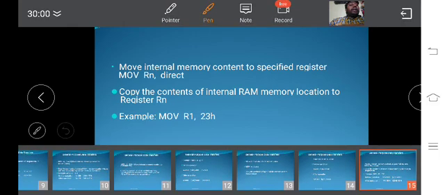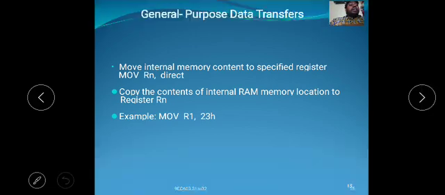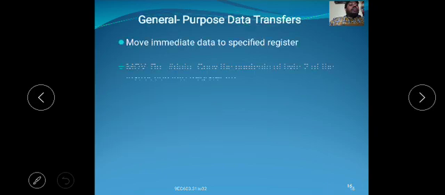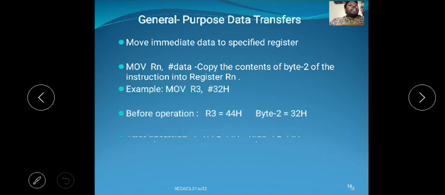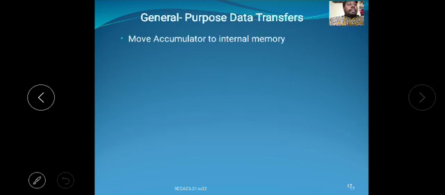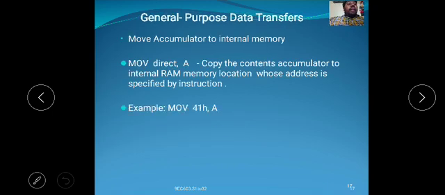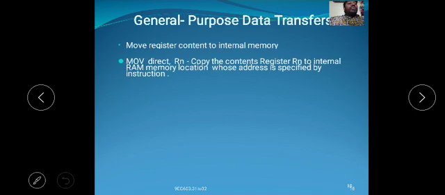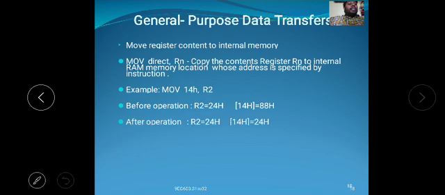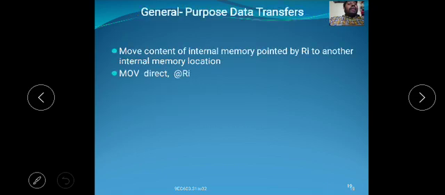Copy the content of internal RAM memory location to the register Rn. Move immediate data to specified register. Move accumulator to internal memory. Move register content to internal memory. Move content of internal memory pointed by Ri to another internal memory location.